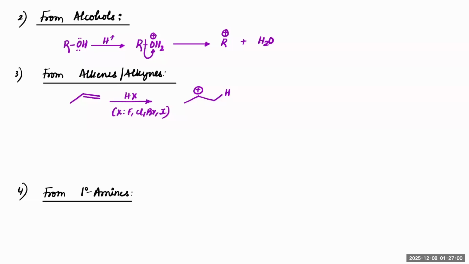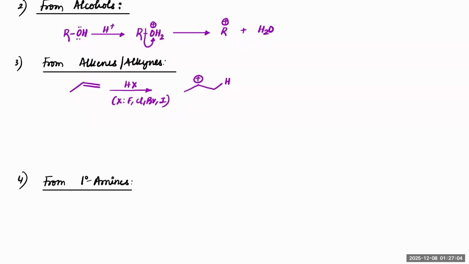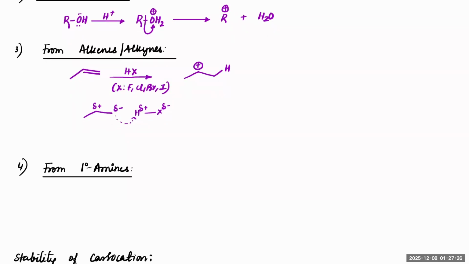In the last class, we studied about electromeric effect. When H plus is nearby the propene, automatically it will start showing delta plus and delta minus here, so as to attract the hydrogen which is delta positive and X being delta minus. That's how these two will start attracting and eventually this carbon will get complete positive charge. Correct?